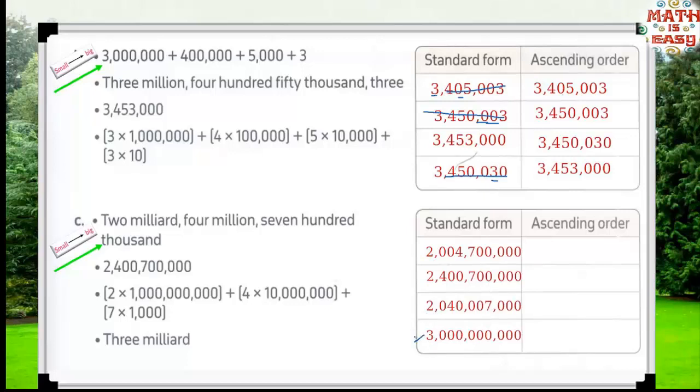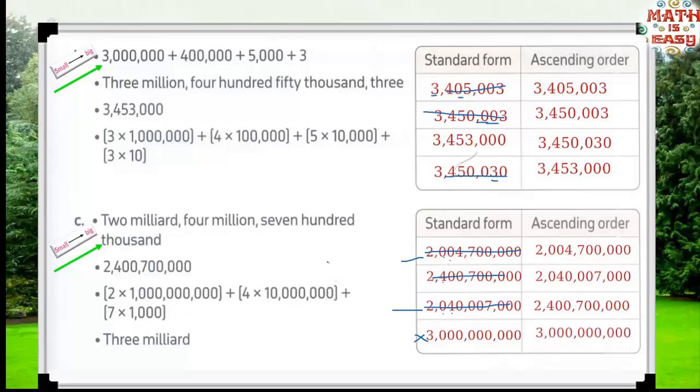This number goes in the end because it is the biggest number. Here we have 0 in hundreds, 4 in hundreds, 0 in hundreds. Make a comparison between the first and the third one only. 0 in the 10 millions place, and here we have 4. 0 is less than 4, so this number is the first and second number, and this is the third number, and we said 3 million is the biggest number.